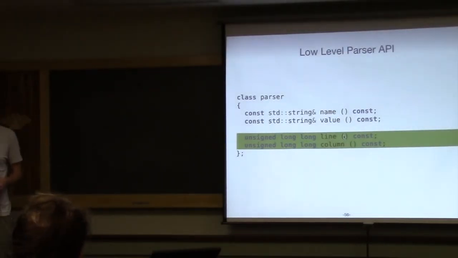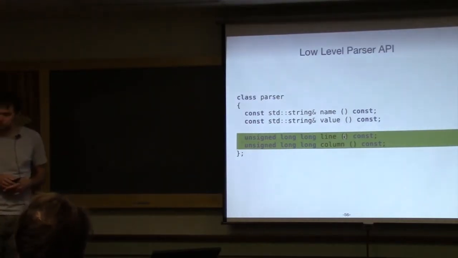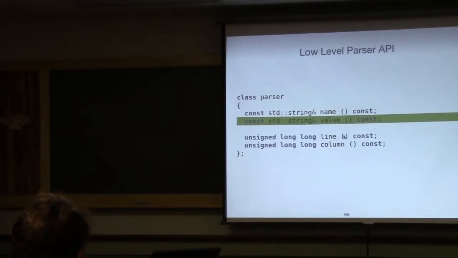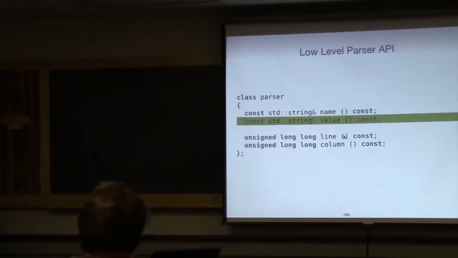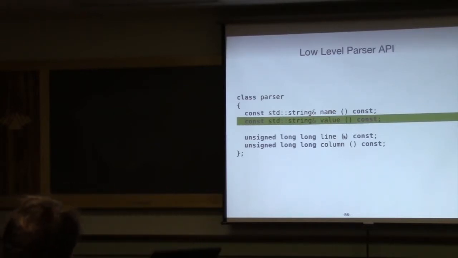Okay, question? On the string name and value, is there any assumption or requirement on the encoding of the string? No, well, let me put it this way: in the implementation, it's always UTF-8.